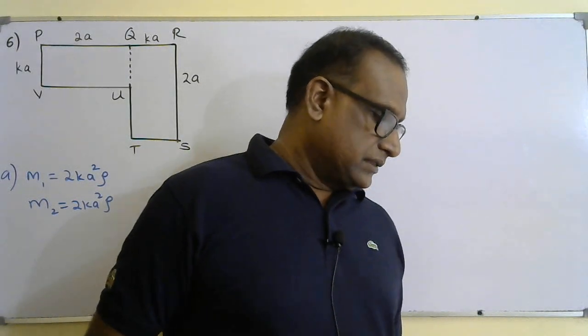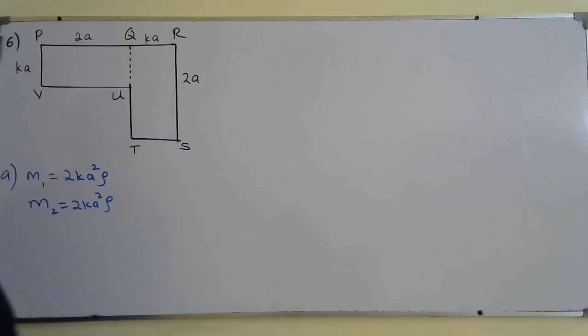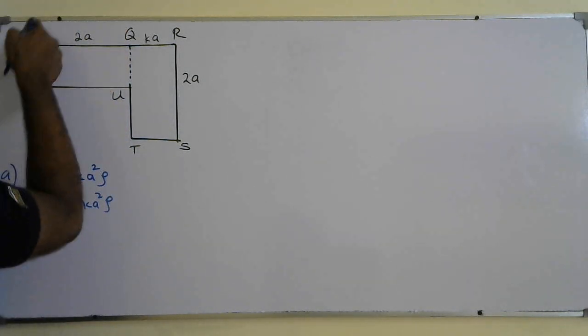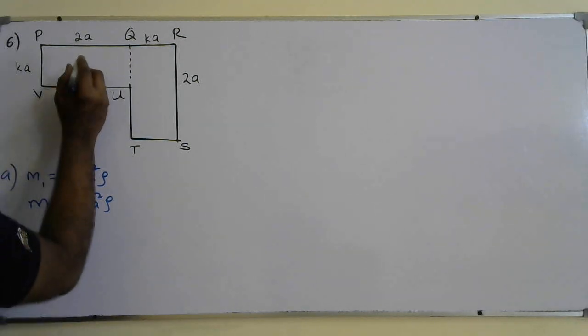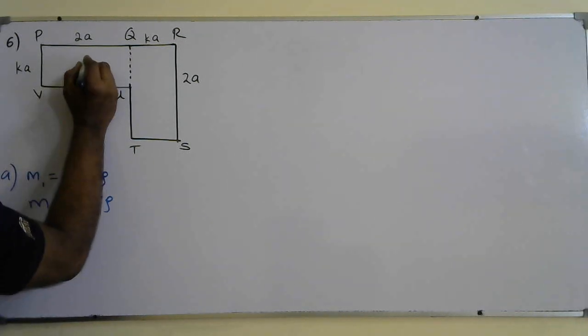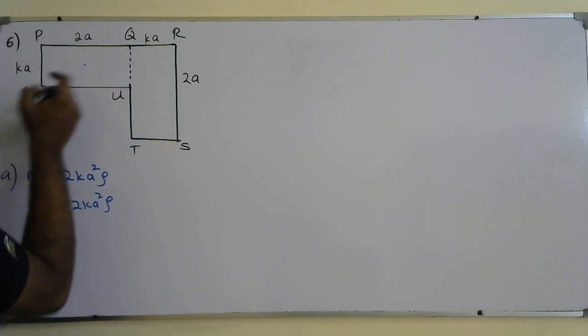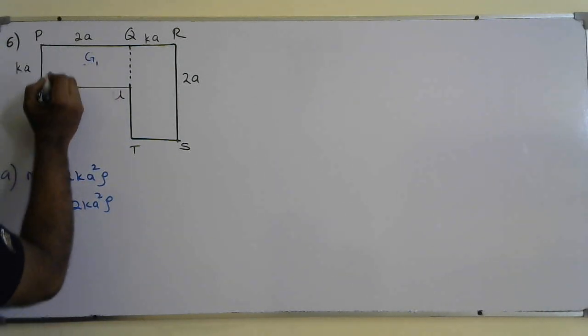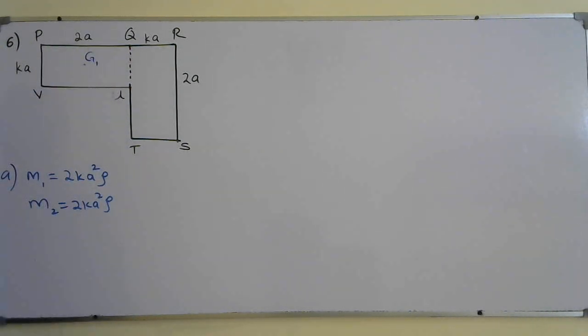Now we'll find the center of mass of PQUV from the side PV. G1 is the center of mass of this rectangle. Its distance from the side PV is half of 2A, that is A.